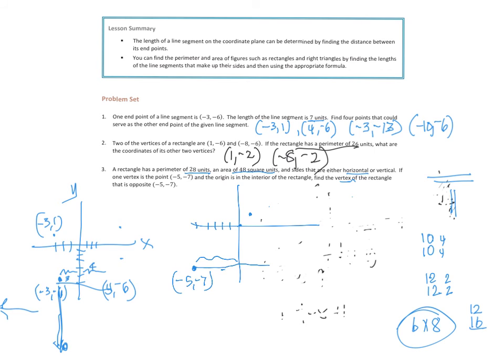So this is my 5, 6, 7, 8. Can I do that? Or do I go 5 and 1?